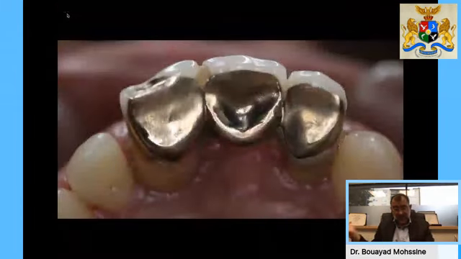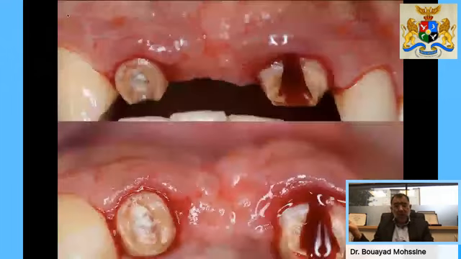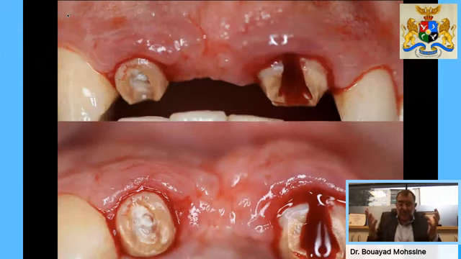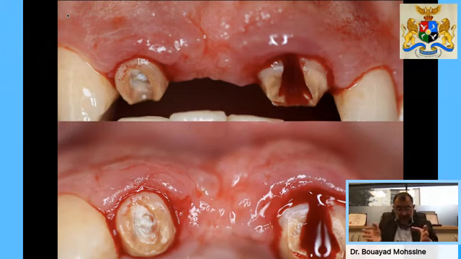You have to change this bridge, and you can see here the defect that you have in the edentulous area. We have to create a bone volume in the first stage and create a soft tissue volume in the second stage.